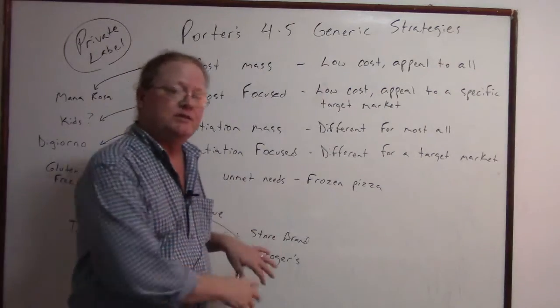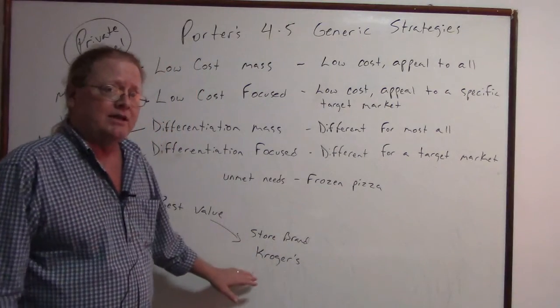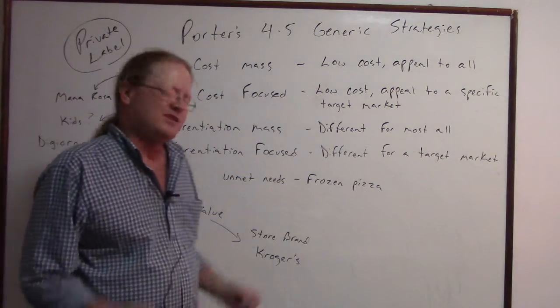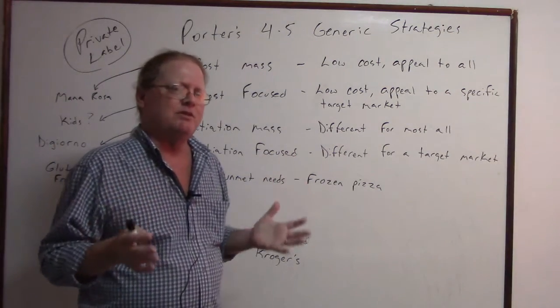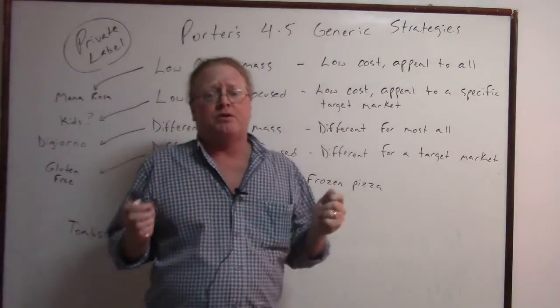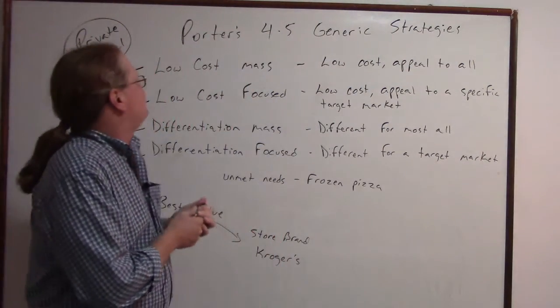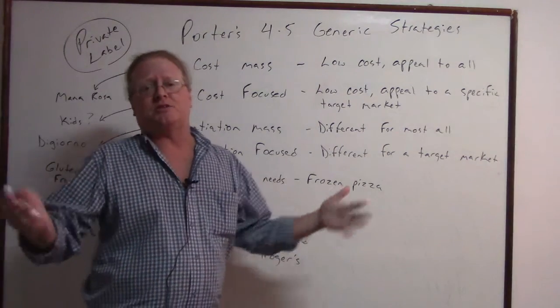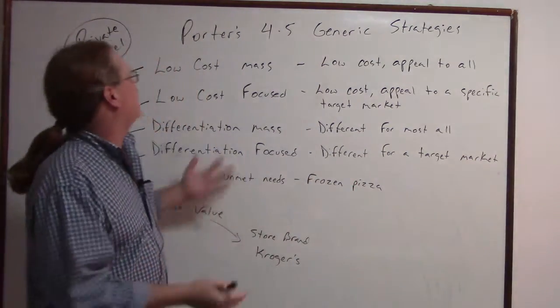Somebody else makes it, they just put their label on it, and it's so similar to a Tombstone that, you know, that's just a clue that maybe there's a private label opportunity going on there. So we're thinking about your projects. Q-tips, it doesn't just have to be food, you know, whatever.